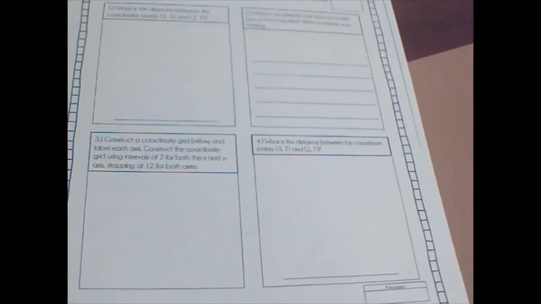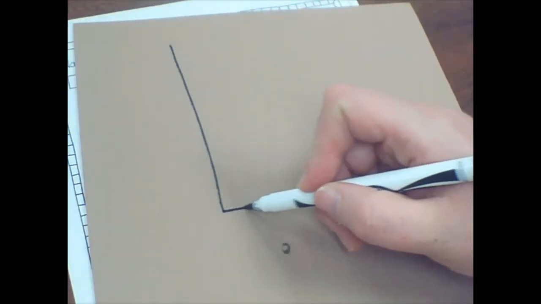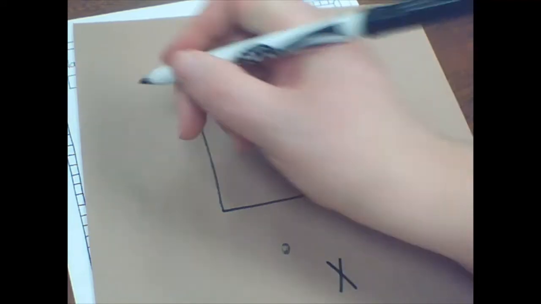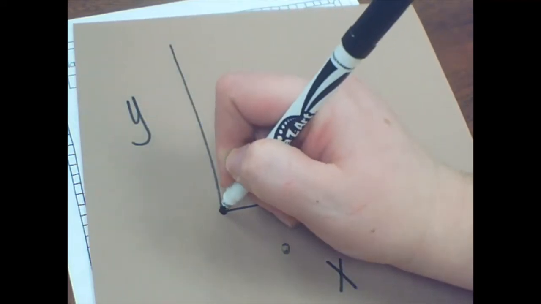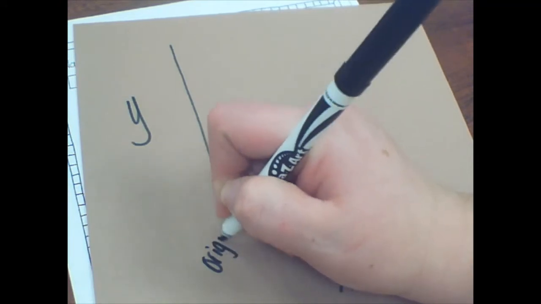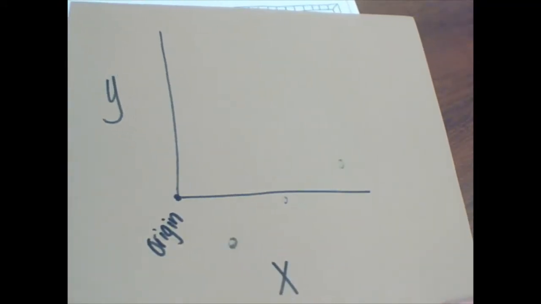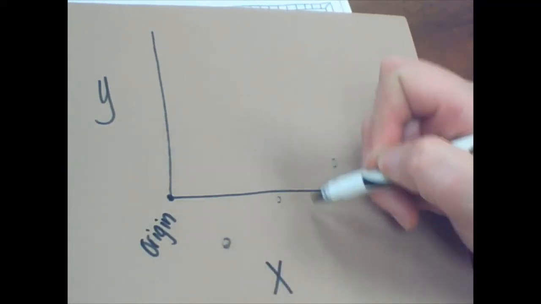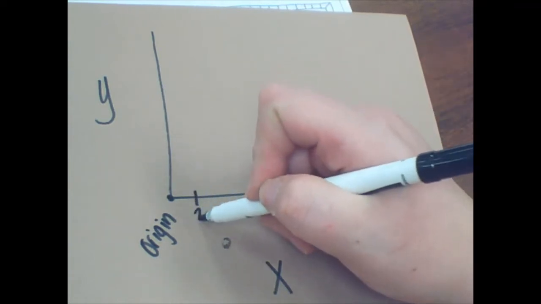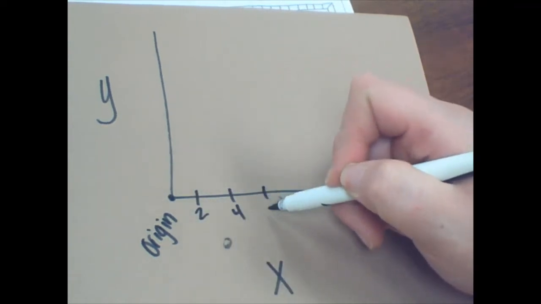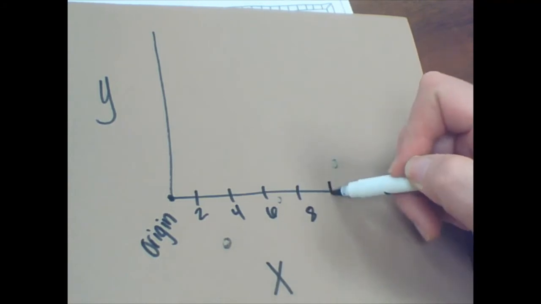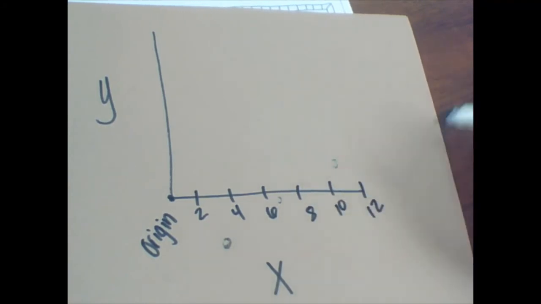And it says to label the X and the Y. So I need to create a coordinate grid below using intervals of 2, stopping at 12. Okay, this is my X, this is my Y. I know that that's the origin. Intervals of 2. So I'm not going 1, 2, 3, 4. I'm going 2, 4, 6, 8, 10, 12.